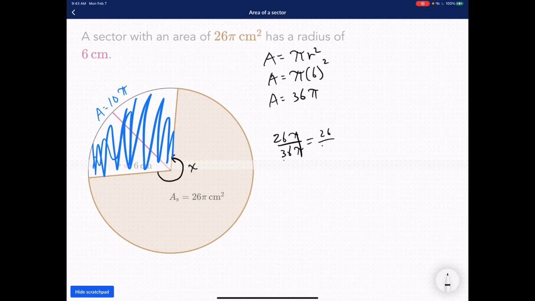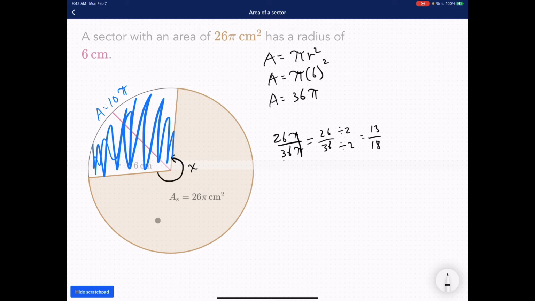We got 26 over 36, and then we divide the numerator and the denominator by 2, and we get 13 over 18.